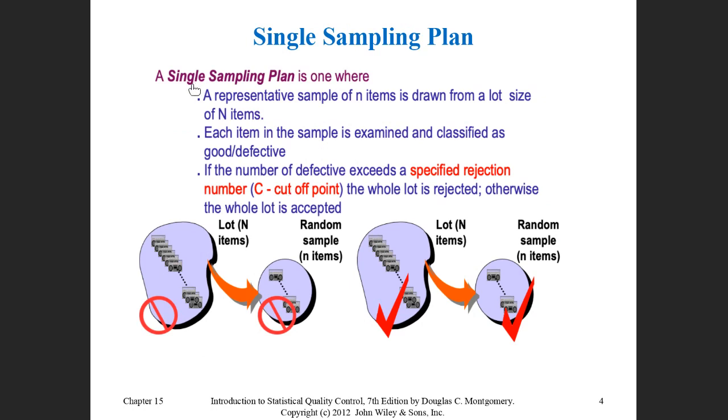Sample size. A single plan is when we have a sample of n items, small n, and the lot size we refer to as capital N. So here is the lot, referring to it as capital N. For example, the number of students accepted in the IE program for the year 2020 was, let's say, 80 students.